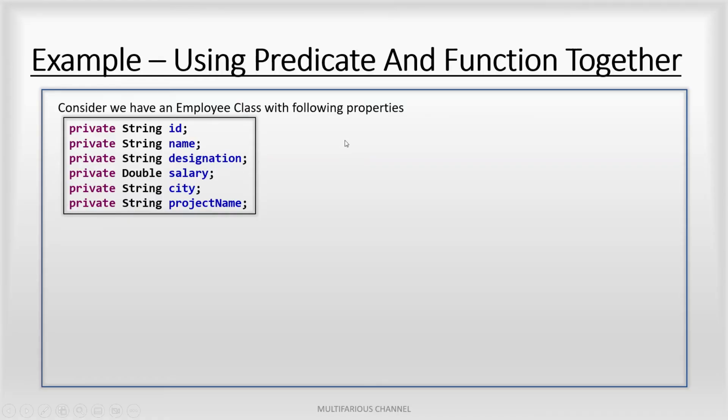Now what I want is to print the list of employees who have salary less than 20,000 and who belong to Mumbai. So let me write this code.